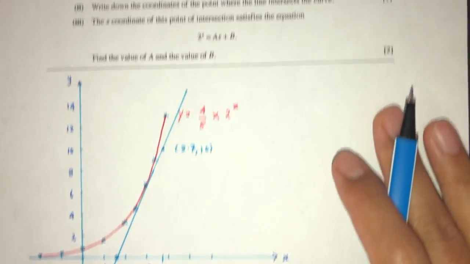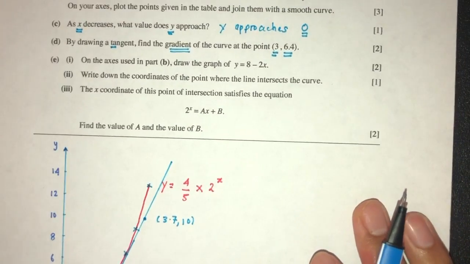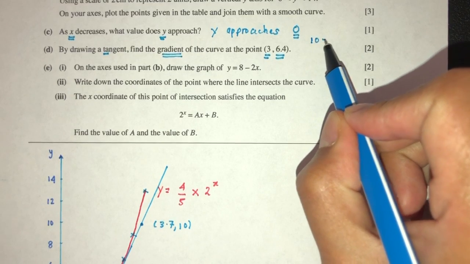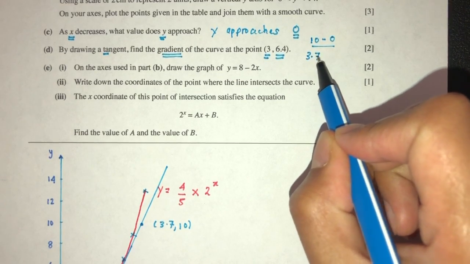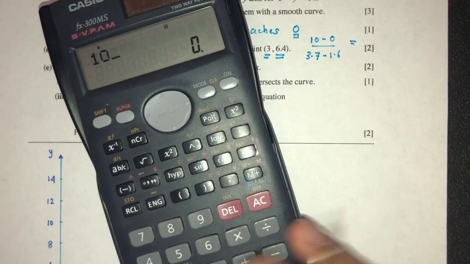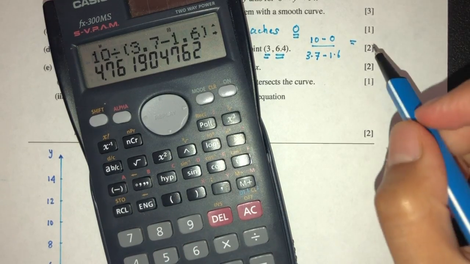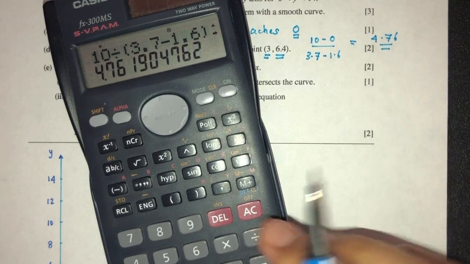So what is the gradient? We have 2 passing points. We can find the gradient by using the formula, y2 minus y1 over x2 minus x1. 10 divided by 3.7 minus 1.6, that will be around 4.76 for the value of my gradient.